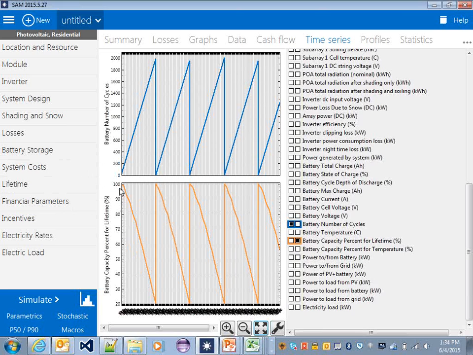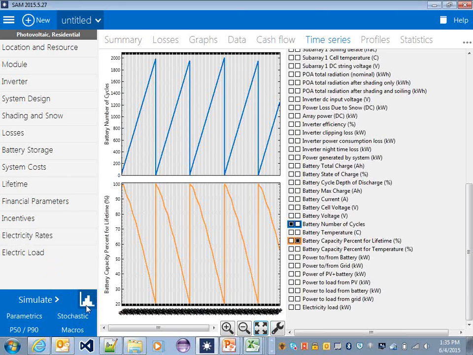Every time this orange line reaches the bottom, we replace the battery, and so we start fresh with a new battery. And so that just illustrates some of the outputs. There's more detailed outputs like the actual battery charge and current, voltage, which you can dig into if you'd like.